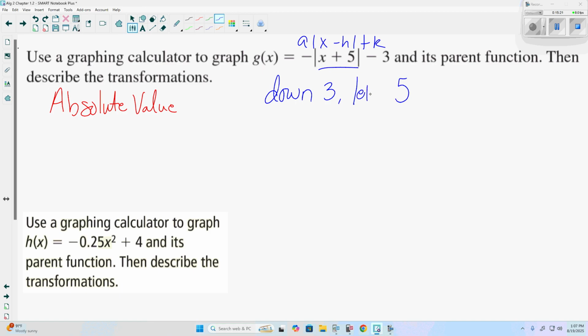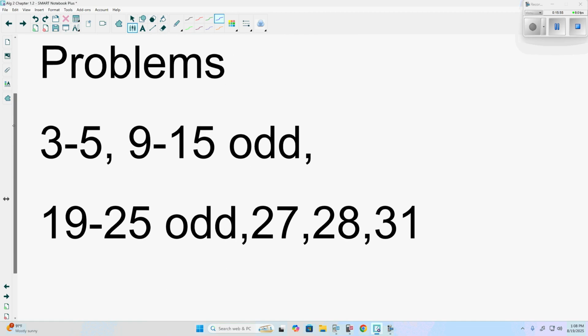Left. So it would indeed be down 3, left 5. Anything else? We have a negative for a, yes, which would be a reflection across the x-axis. That's it. Questions on any of this here? That's it.